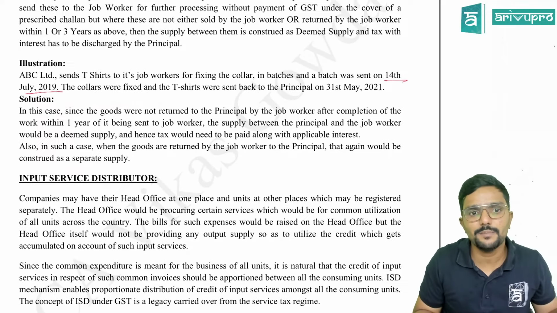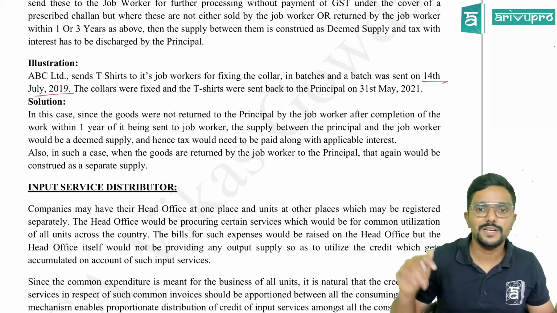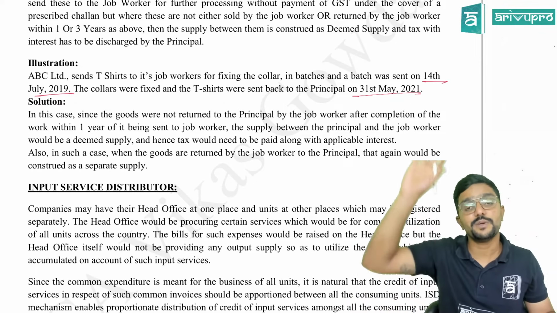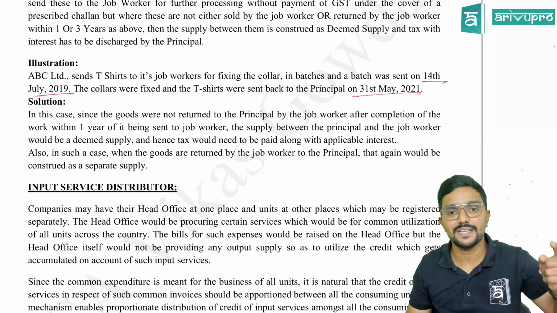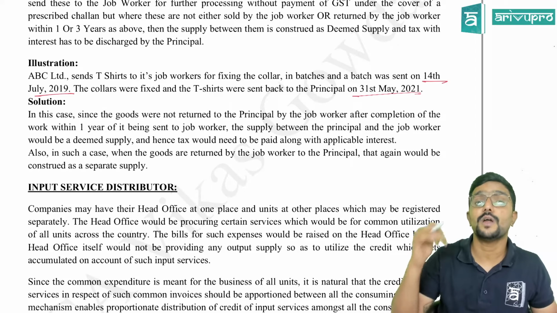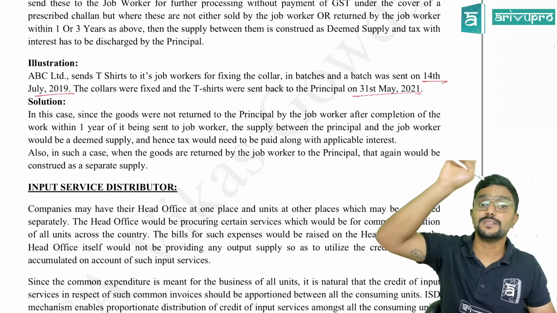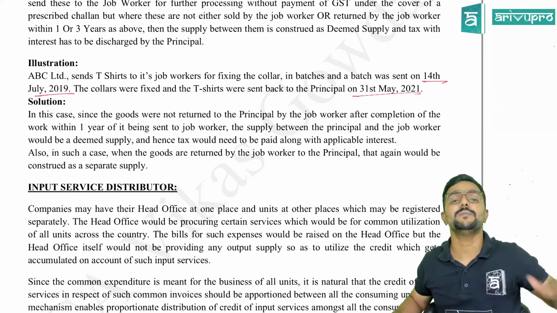So it has to be returned back by 14th July 2020. But when was it given back? 31st May 2021. So after 1 year. So in that case, is it a supply between principal and job worker? Yes. On what day? 14th July, when it was originally sent. On that day itself, it will be treated as supply.